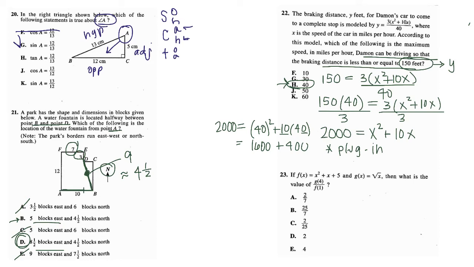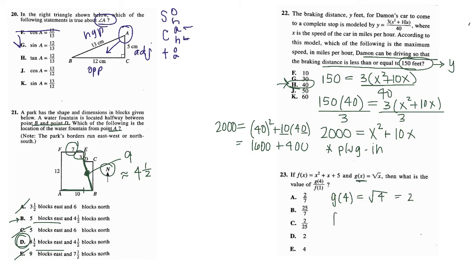Okay, in 23, another plug-in problem. G at 4, that notation might look strange to some folks. G at 4 just means we're going to go to this function G and replace x with 4. Notice G at 4 ends up being 2.